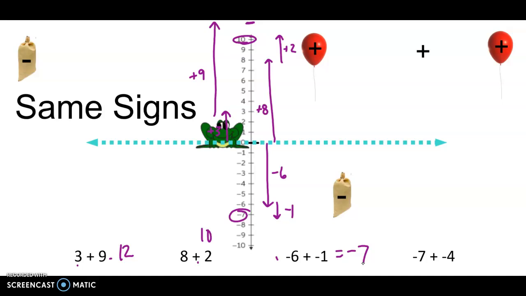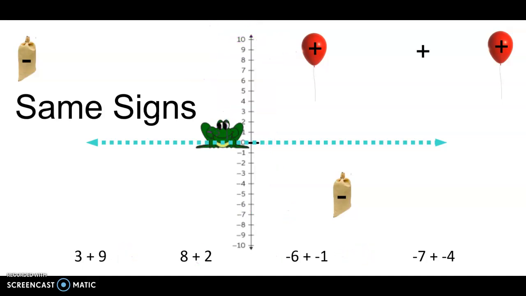Okay? What about, I'm going to clear this so you can see. What about negative 7 and negative 4? So 7 sandbags, negative 7, and then 4 more sandbags, and he ends up at negative 11. That's a negative 11. Okay?